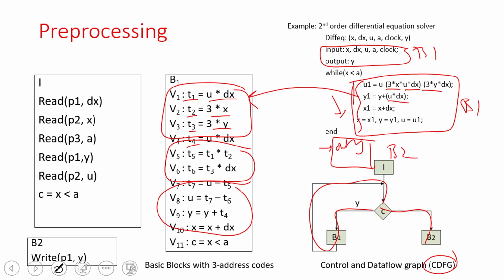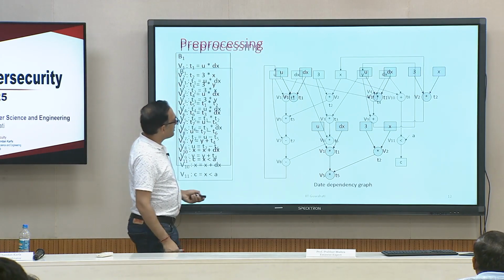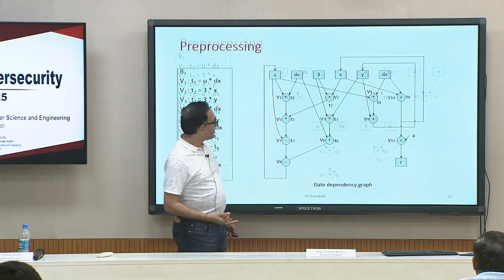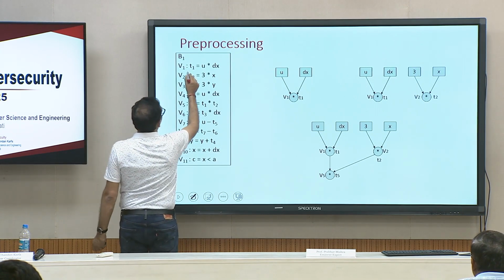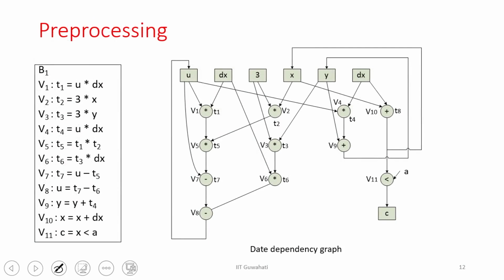So, this is what happens inside the tool. The tool actually does that, and then it identifies the dependency. Why is the dependency coming? You see, you are doing T1 equal to this, and here you are using T1. So, this value is coming here. This is T1 and that value is coming here to calculate T5.